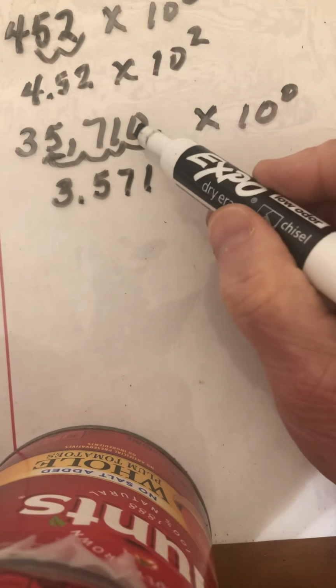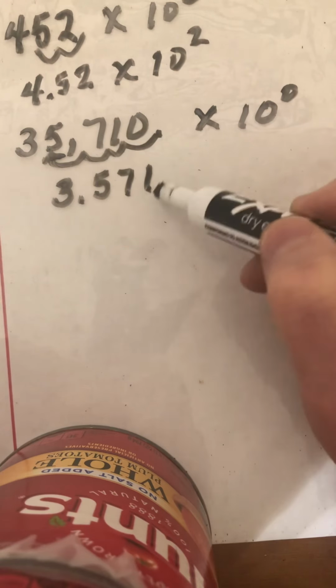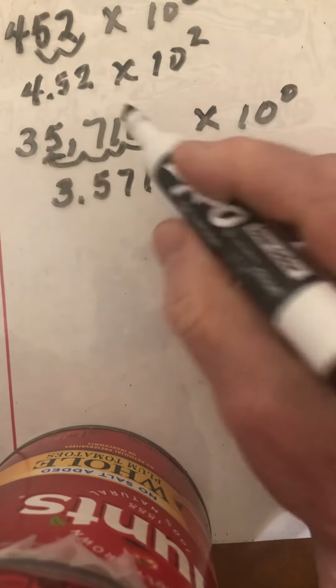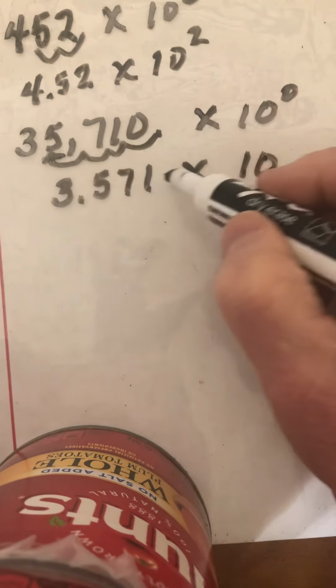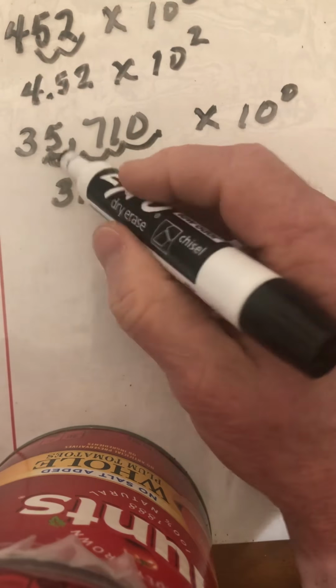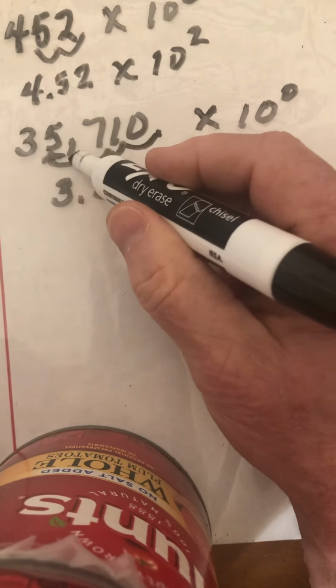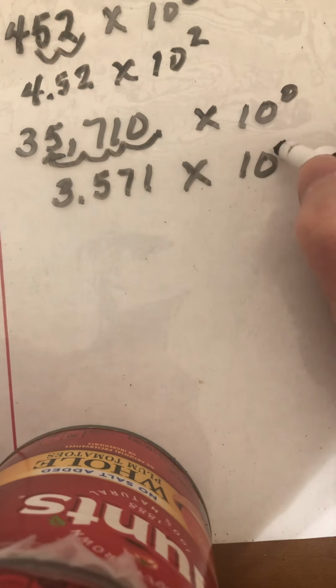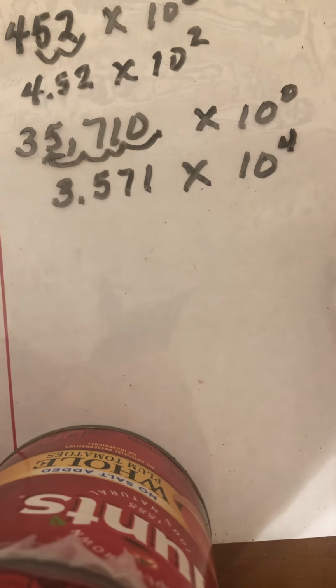And notice, because this 0 no longer has a place value, I don't have to keep that 0. So I can put that times 10, and I move this 4 times to the left, which means I was dividing this number by 10,000. So now I have to multiply this number by 10,000, and with an exponent, that would be an exponent of 4, right? Because 10 to the 4th is equal to 10,000. Okay.